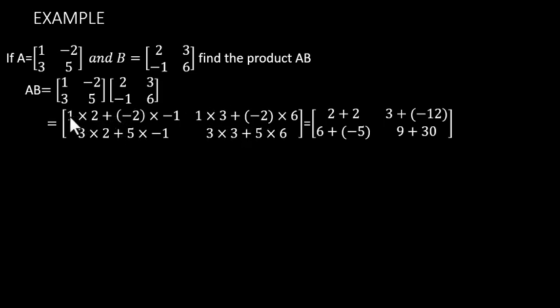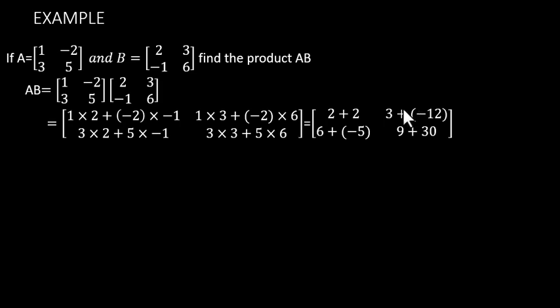So 1 multiplied by 2 is 2. Then negative 2 multiplied by negative 1 is going to be positive 2, because negative times negative is positive. Then 1 multiplied by 3, we get 3. Then negative 2 multiplied by 6, we get negative 12.